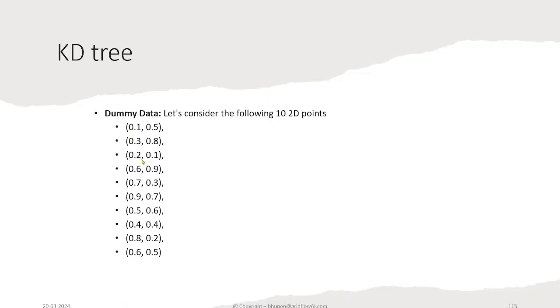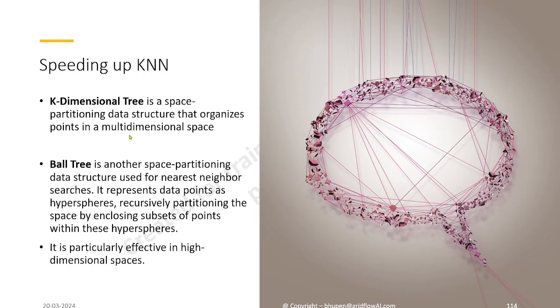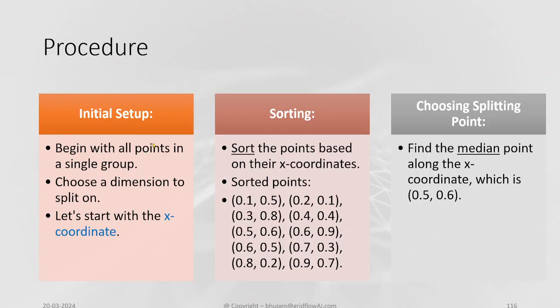So let's say this is our data set with two columns. I'm using only two columns to demonstrate this, because with three or four columns, plotting would be almost impossible. So this is the data set with columns x1 and x2, and there are 10 samples.